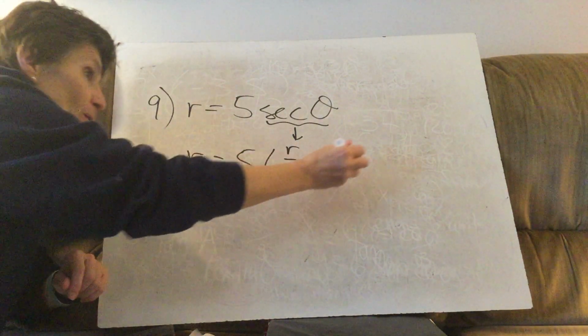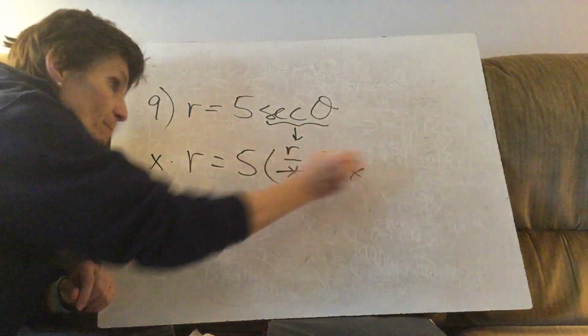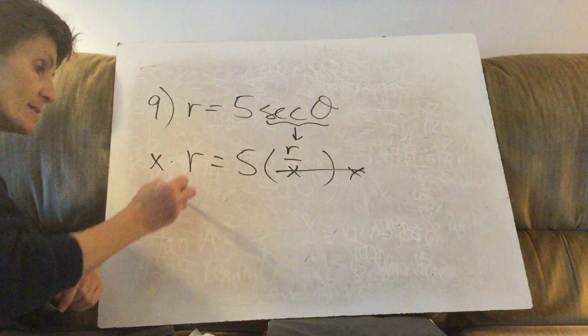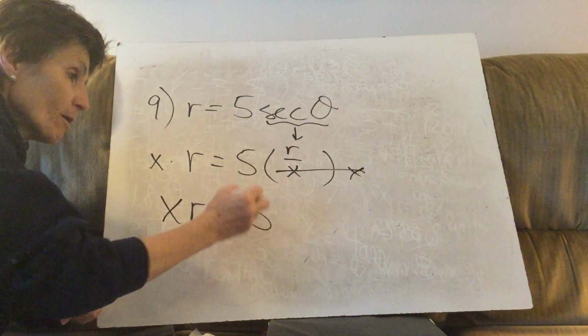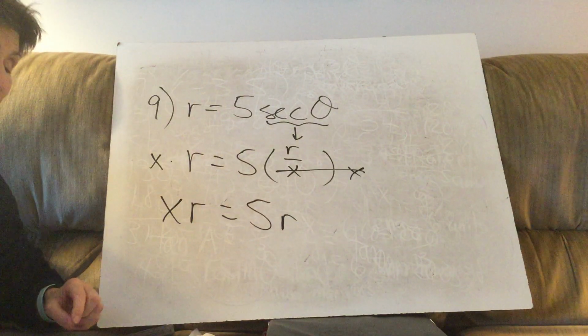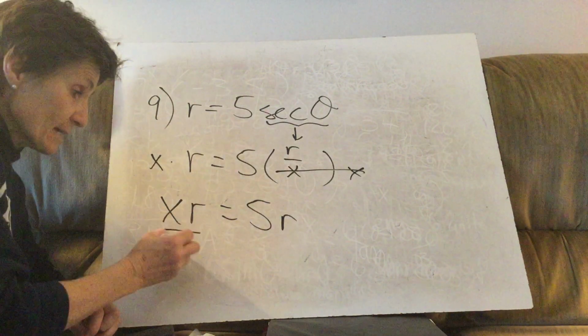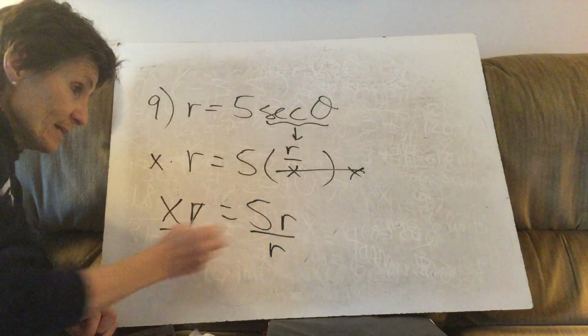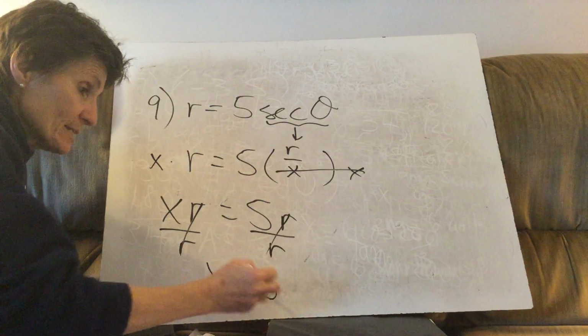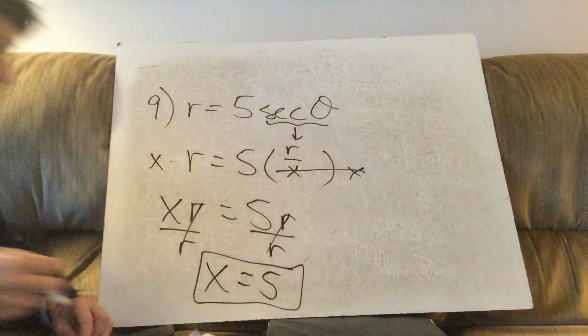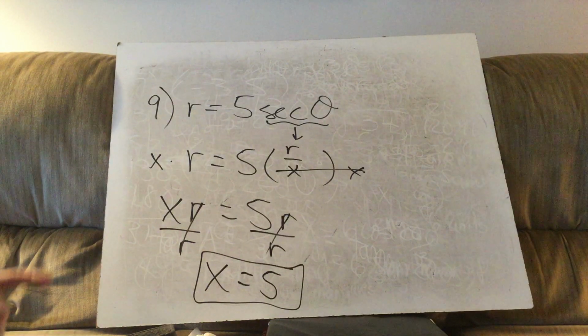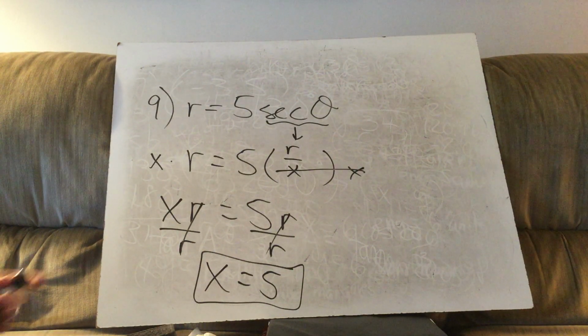So we're going to get rid of the fraction by multiplying both sides by x in this case. So we have xr equals 5r. Notice both sides have an r, so we'll divide. And the answer is x equals 5.